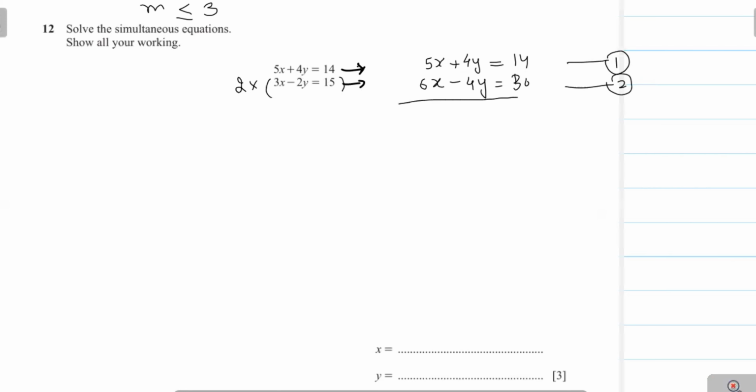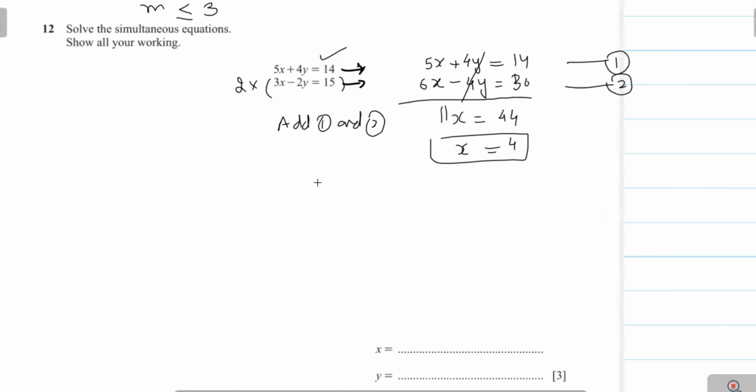Now we will add equations 1 and 2. Therefore, we get 4y plus minus 4y, it would be cancelled. This is 11x equal to 44. Now x will be equal to 44 over 11, that's equal to 4. Now we substitute the value of x in equation 1.